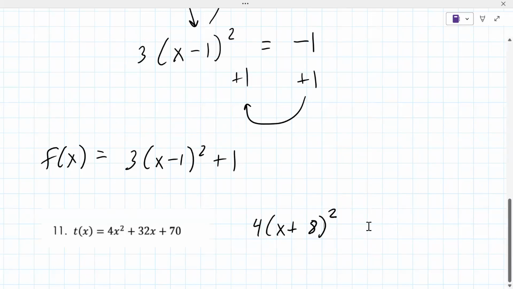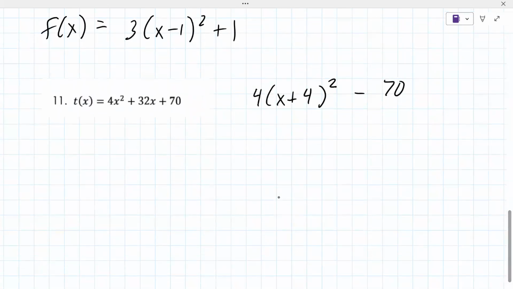Then what number goes here? Minus 70. Sorry, no, this isn't right. It should be a 4. Then it'd be minus 70. 16 times 4 doesn't work.